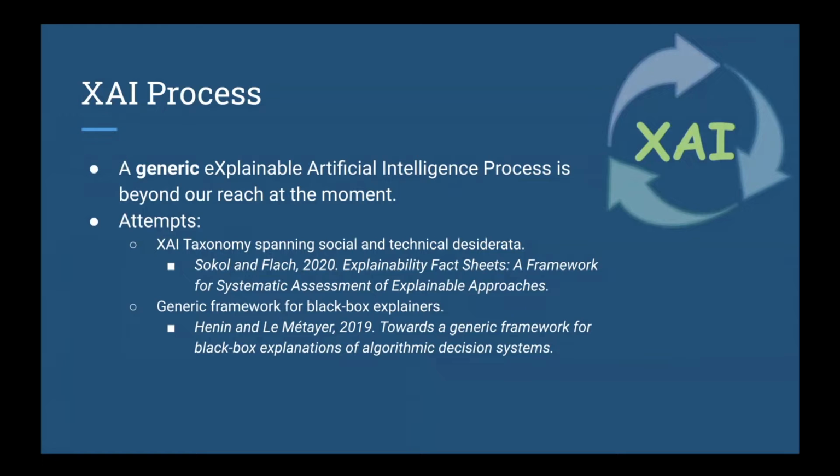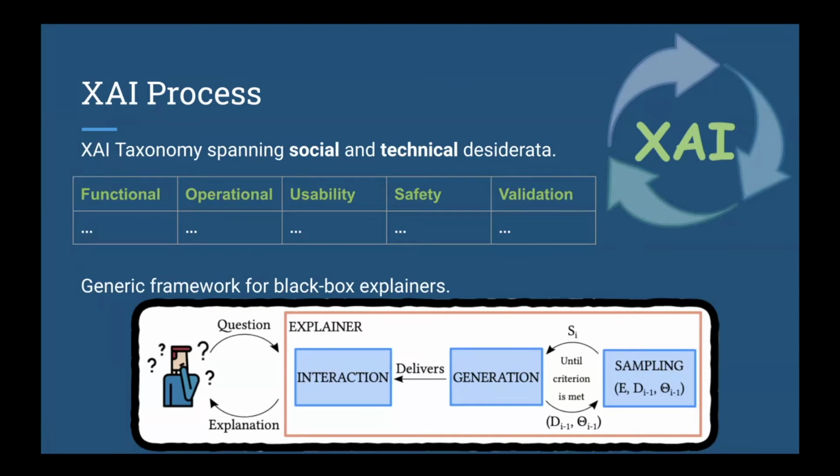So coming back to the explainable AI process, at the moment, building a generic process is beyond our reach. We are still very early in XAI research, but there were a few attempts. One is ours, where we proposed an XAI taxonomy, fact sheets that allow you to describe your explainer from both social and technical perspectives, and another more technical one that allows you to abstract away some of the technicalities involved with machine learning explainers.